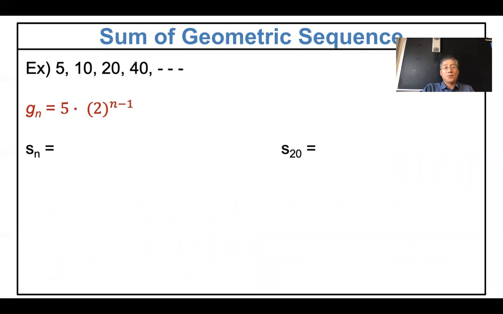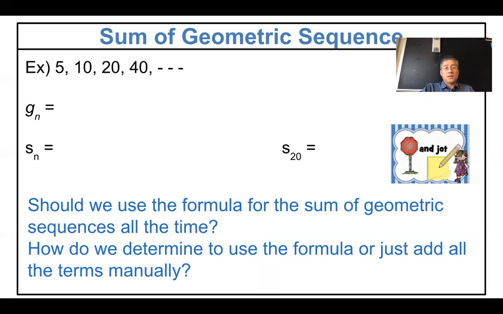But before we find the sum, let's think about, should we use the formula for the sum of geometry sequences all the time? Which one is better? You use the formula or just add all the terms manually? Think about it. If we add the 5 terms, 5 plus 10 plus 20 plus 40 plus the next term, 80, you are going to add them in the calculator, you get the answer, right?